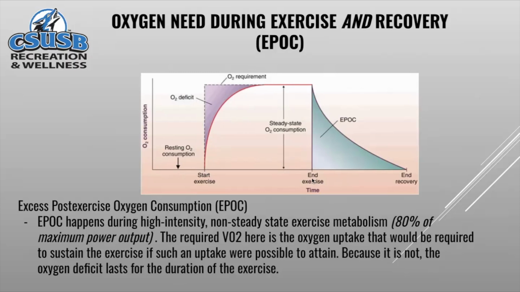And at the end, once we finish exercise and we go through recovery, we continue to take in oxygen, as you can see, and it slowly declines once we recover completely. We won't need it, but there will be this period of time in which we continue to need oxygen, even though we're not exercising anymore.